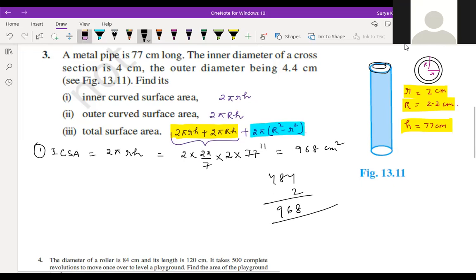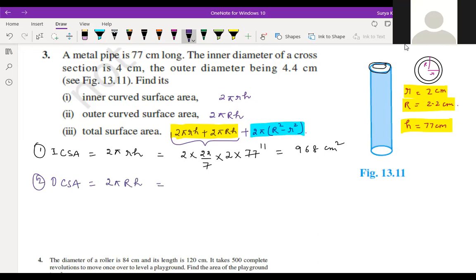So second part of it is outer curved surface area, outer CSA. Only you should change to capital R. So 2 into 22 by 7 into, you should write here 2.2 into 11. Sorry, 2.2 into 77 only.